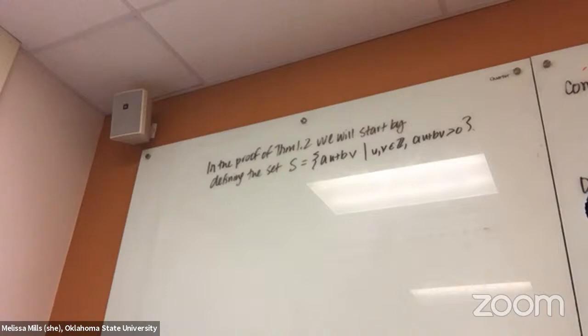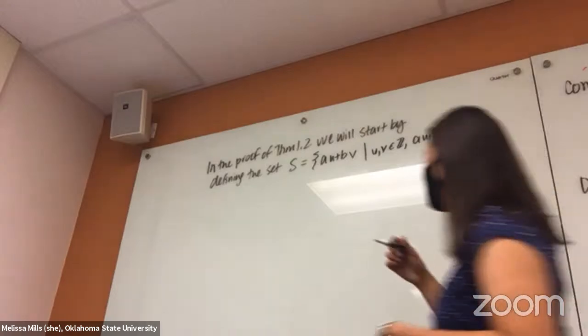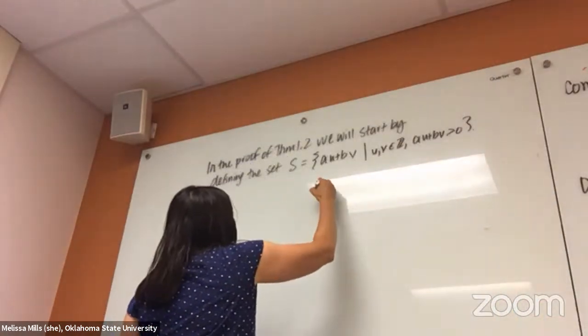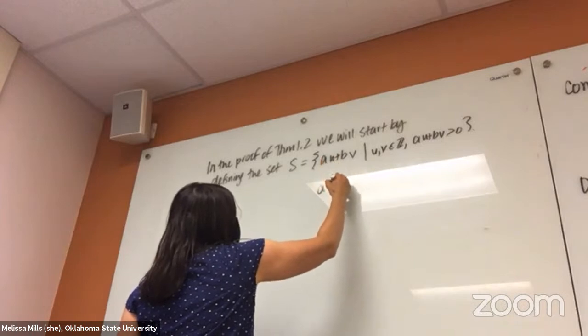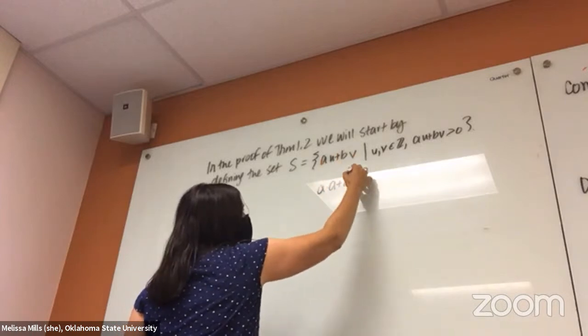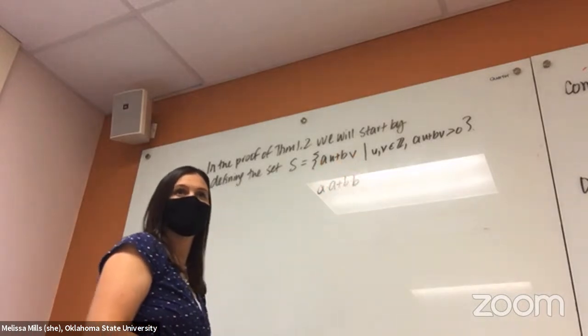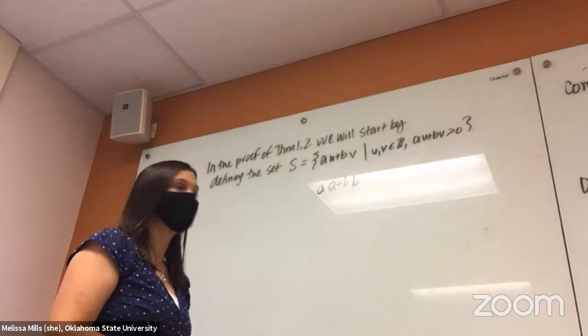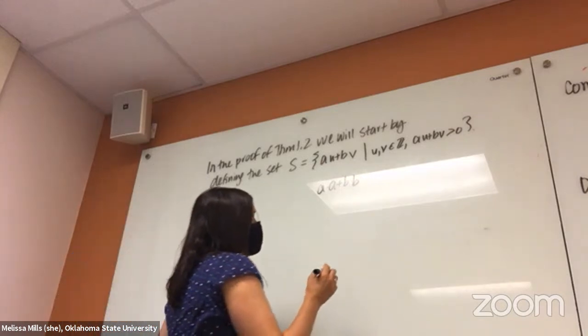The absolute value of A, but we want it to be in that form. So we can write it as A times U is A plus B times V is B, and that is A squared plus B squared.